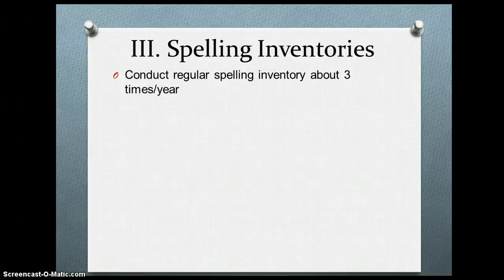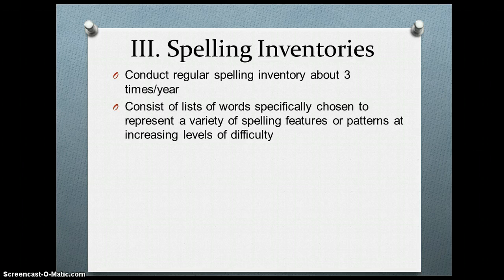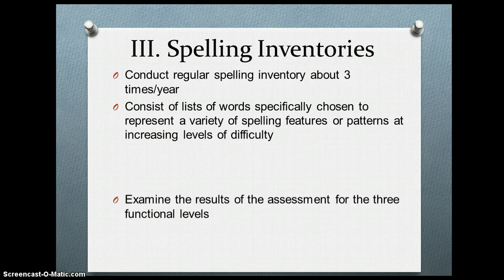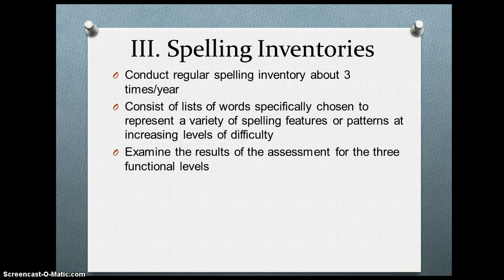With a spelling inventory, you should conduct one about 3 times a year, and more than that won't show significant progress. They consist of lists of words specifically chosen to represent a variety of spelling features or patterns at increasing levels of difficulty. You want to examine the results of the assessment for the 3 functional levels.